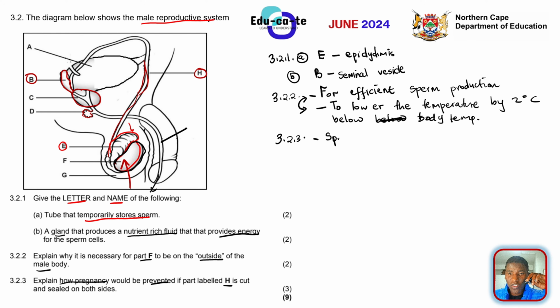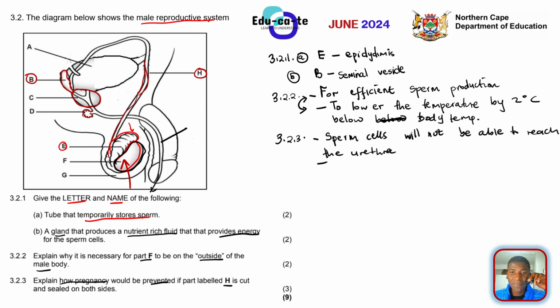Okay, so sperm cells will not be able to reach the urethra, or you can say the sperm cells are blocked from reaching the urethra, because the sperm duct has been cut and it has been tied.